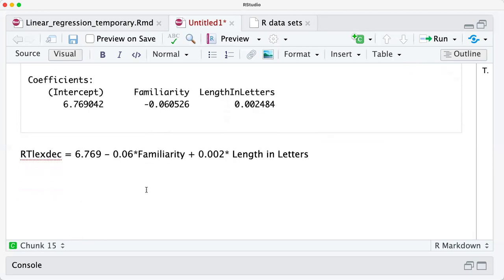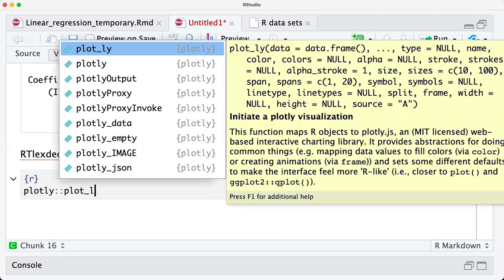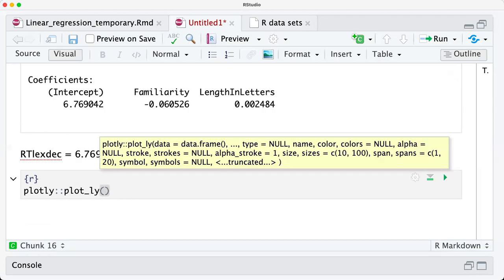Now let's plot them, simply because we can do it with the plotting library. We want to plot first the data.